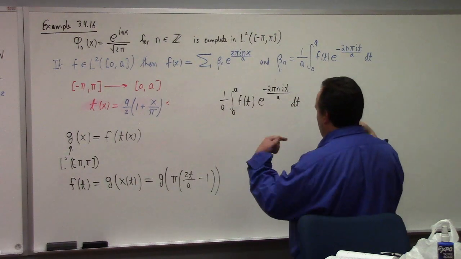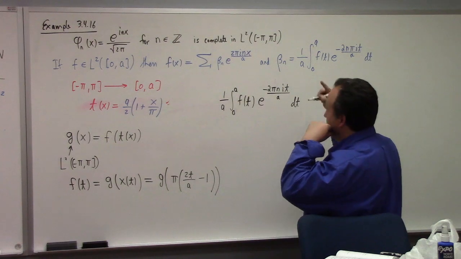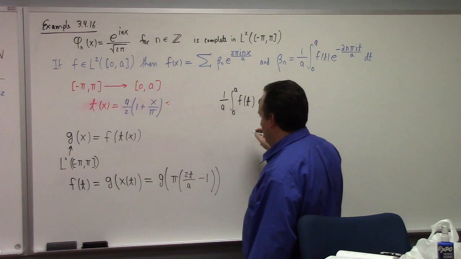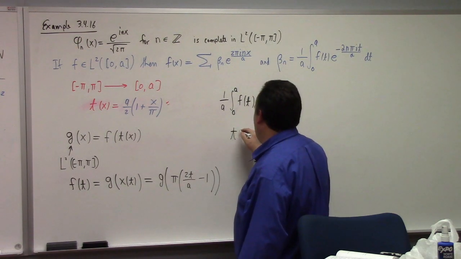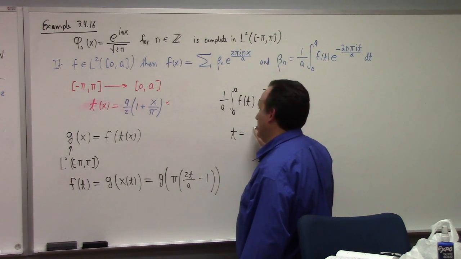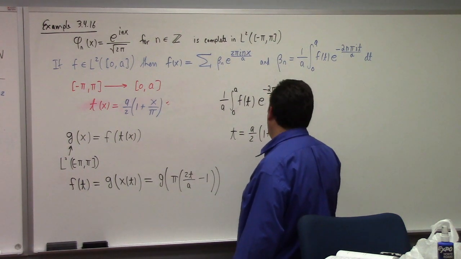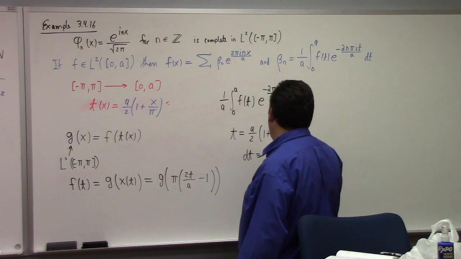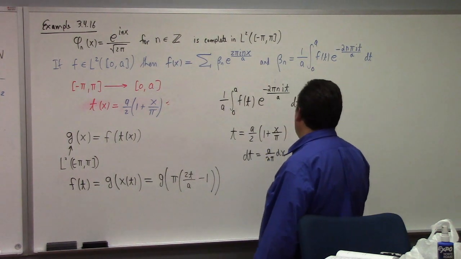So if I want to convert this to a corresponding integral in L2 of minus pi to pi, how would I do it? I would make the substitution t equals a over 2 times 1 plus x over pi, for which dt is a over 2 pi dx.